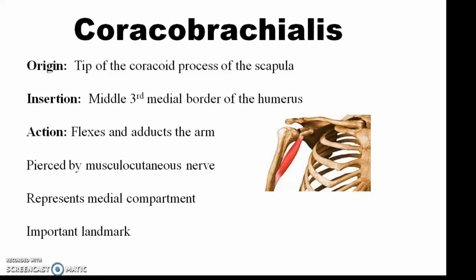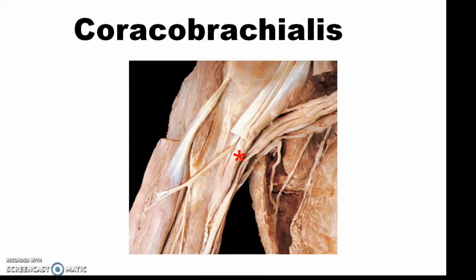You can keep in mind this is nothing but an adductor muscle which is not having a particular function here, but you can represent it as a medial compartment, and it is an important landmark. This is the coracobrachialis in a dissected cadaver. The point which we mark will be indicating coracobrachialis.